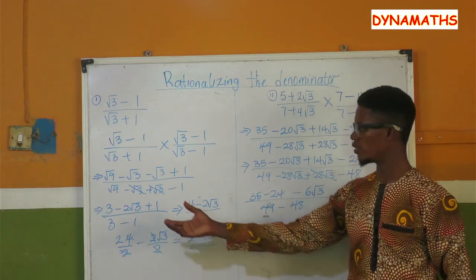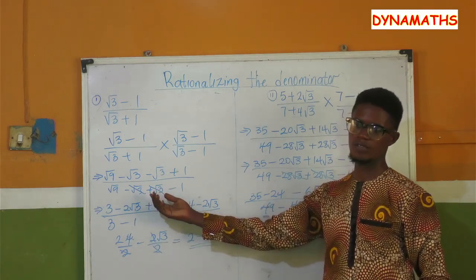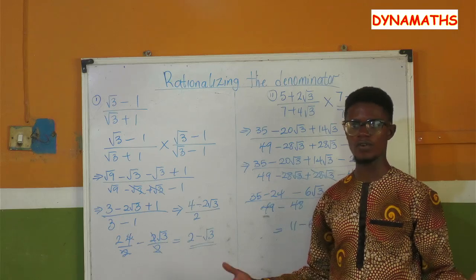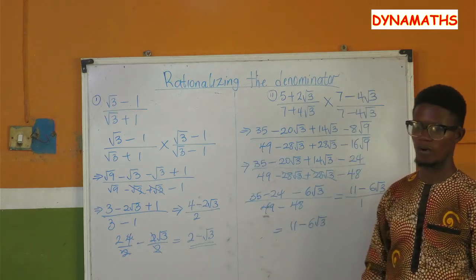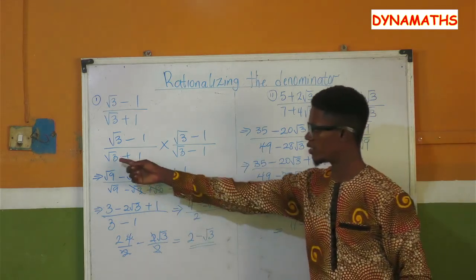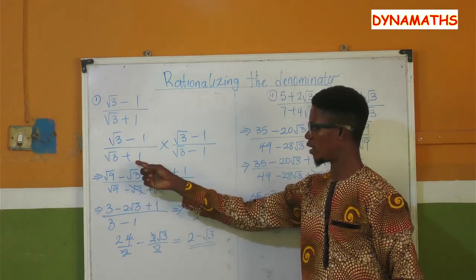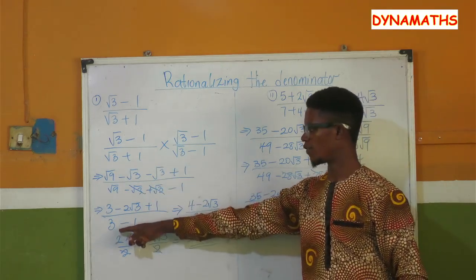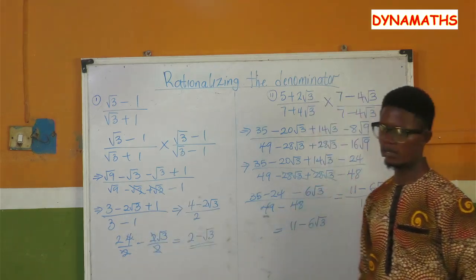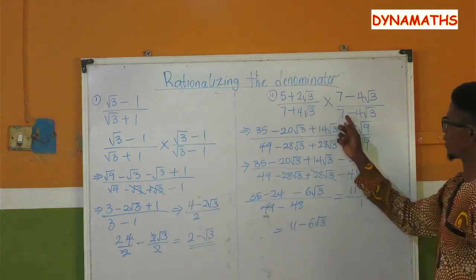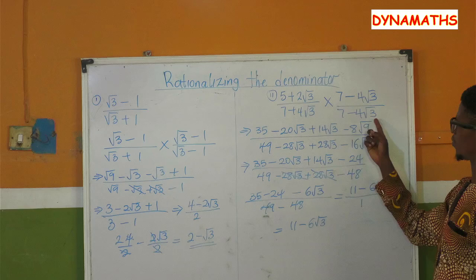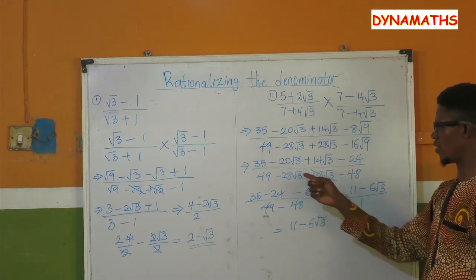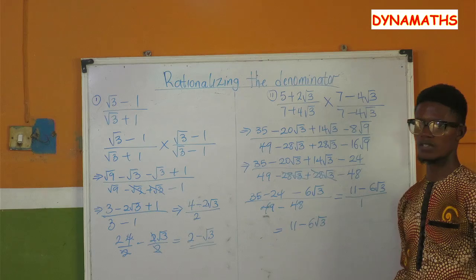You don't really need to, except you are solving a question where you're expected to show the steps of your workings. So you just do this multiplied by this will give you root 9, and 1 multiplied by 1 will give you this minus 1. When you take the root 9, you have 3 and the minus 1 here. The same thing also applies here: 7 times 7 is 49. If you multiply this together, this will give you this value. So you may not necessarily have to generate some new values since they will cancel out themselves.